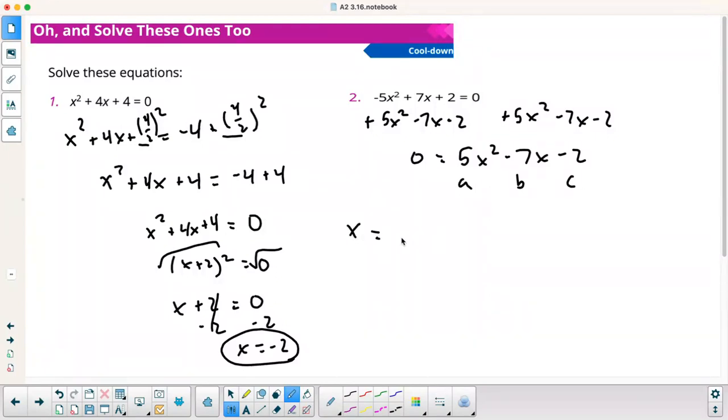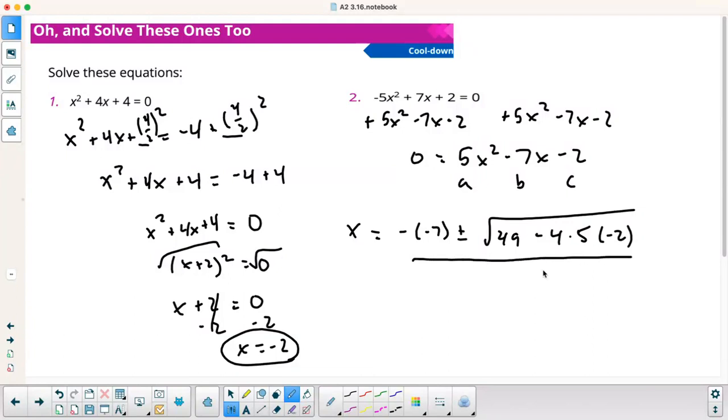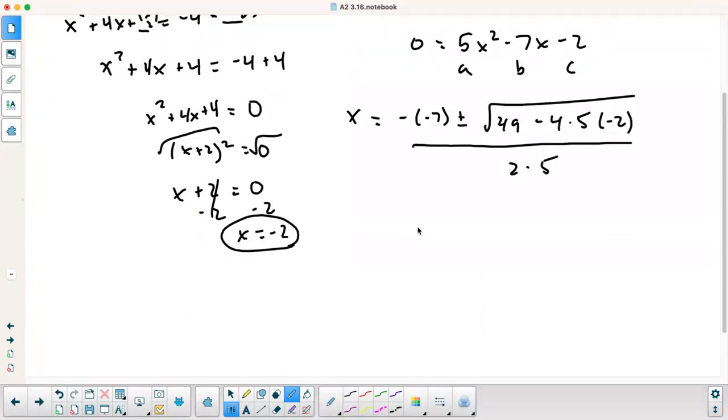So negative b, negative 7, square root of b squared. Negative 7 squared would be positive 49 minus 4ac, 4 times 5 times negative 2, all over 2a. So I get 7 plus or minus square root of 49.